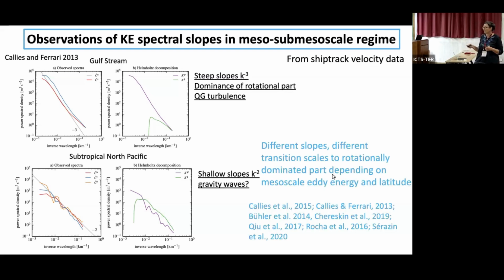Now there have been many studies on this in different regions from ship tracks, and you get different slopes, different transition scales to the rotationally dominated part. And one outcome, for instance, is that the more mesoscale eddy kinetic energy you have, which is kind of logical, the smaller your transition scale is.